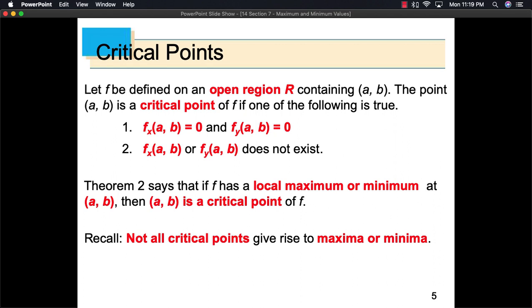It definitely has a critical point at the origin, but you'll notice that the graph of y equals x cubed has no min or max, yet has a critical point. So please keep that in mind, guys. Just like in Calculus 1, just because you have a critical point does not mean you'll find a max or a min, as you'll see very shortly.